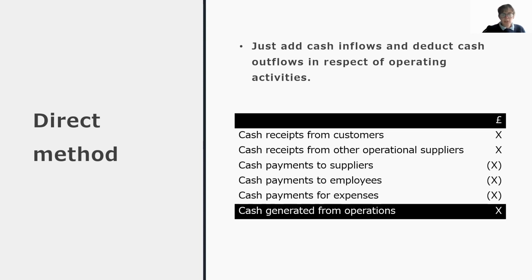So we would take our cash receipts from our customers, add that back as well as our cash receipts from other operational suppliers, but we would then deduct any cash payments to suppliers, cash payments to employees, and cash payments for expenses. That would then give us the cash amount generated from operations.